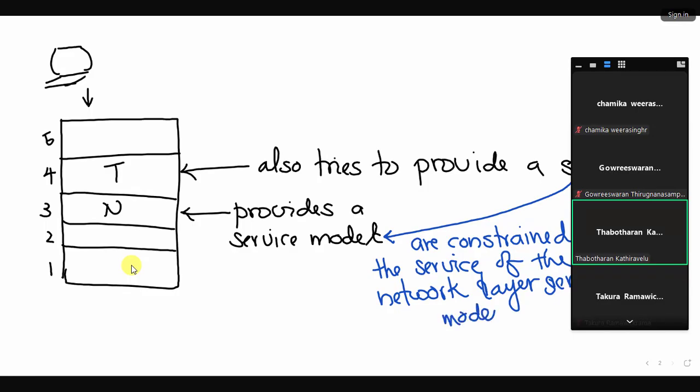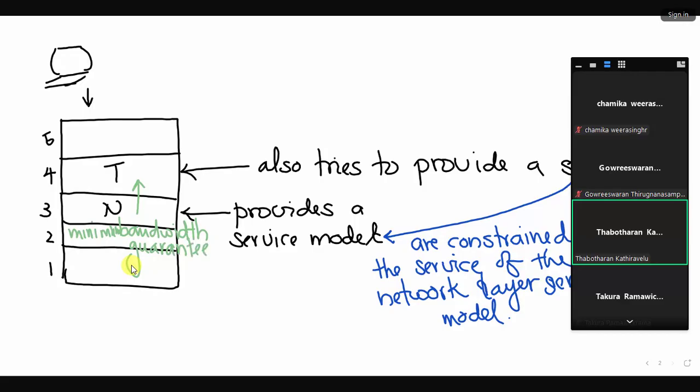That is one thing that limits the types of services that the transport layer is trying to provide, because the network layer should ensure that it will give some minimum bandwidth for the application, minimum bandwidth guarantees.